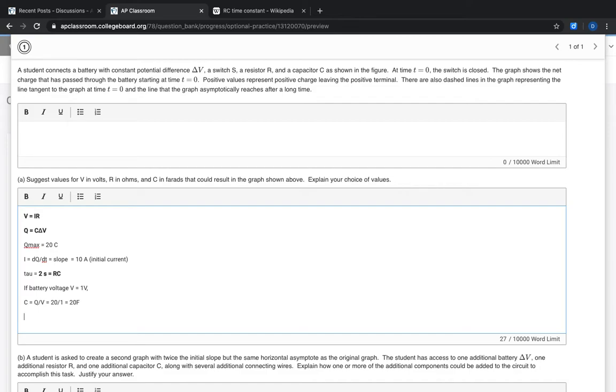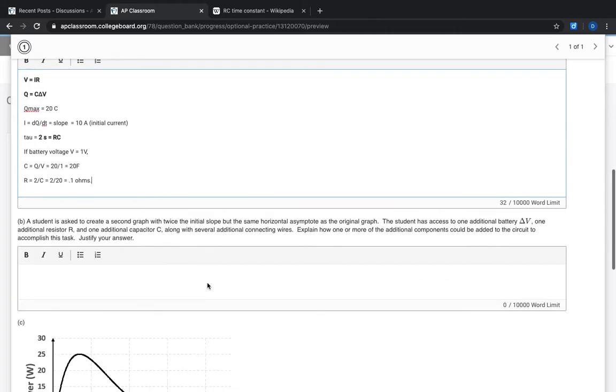And now that we know the capacitance, we should be able to use the last equation that we found to get the resistance. Resistance is equal to 2 divided by capacitance, which is 2 divided by 20, which is equal to 0.1 ohms. So we have to at least assume one of those values in order to get the others.